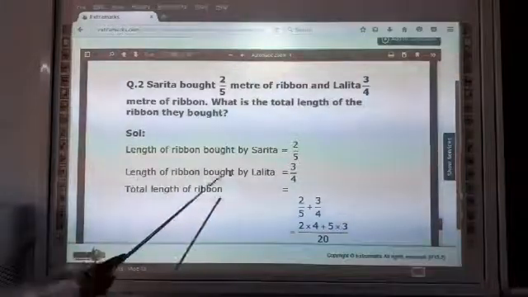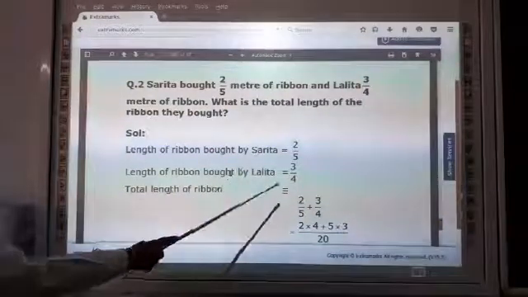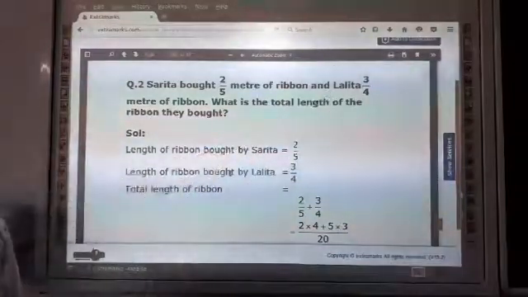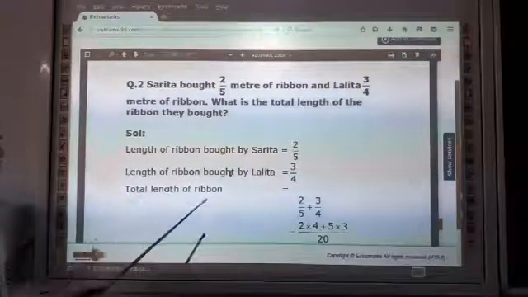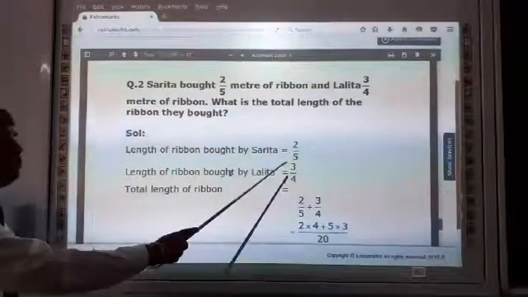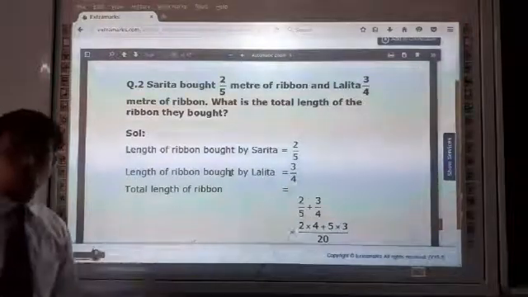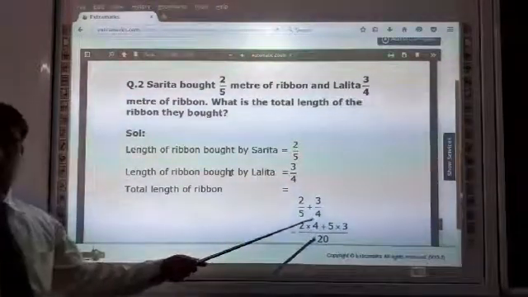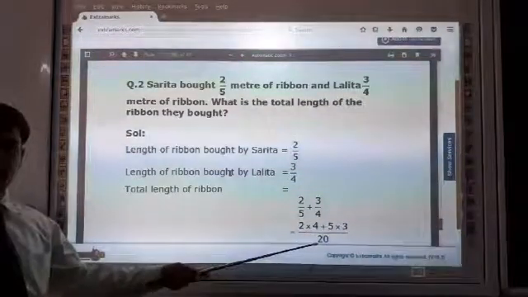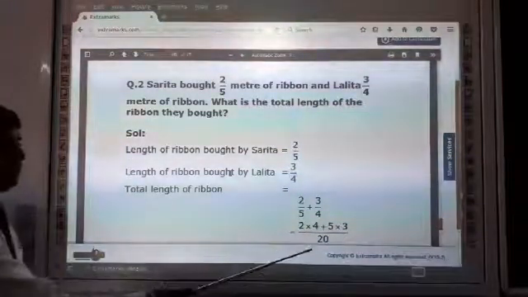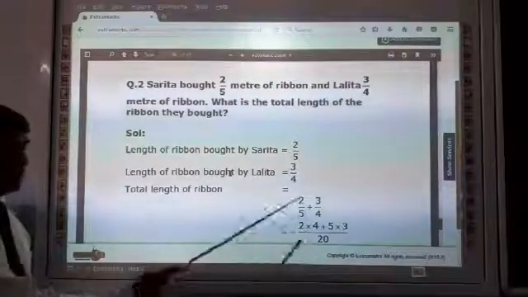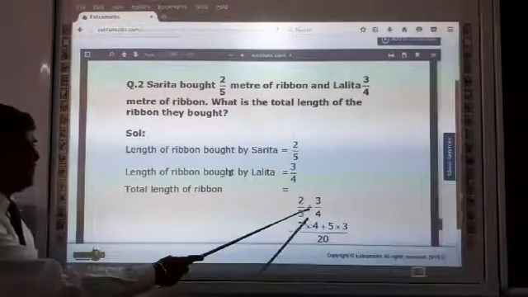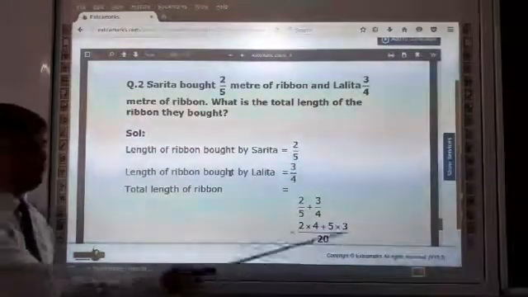Length of ribbon bought by Lalita is equal to 3 by 4. Total length of ribbon is equal to 2 upon 5 plus 3 upon 4. LCM of 4 and 5 is equal to 20.